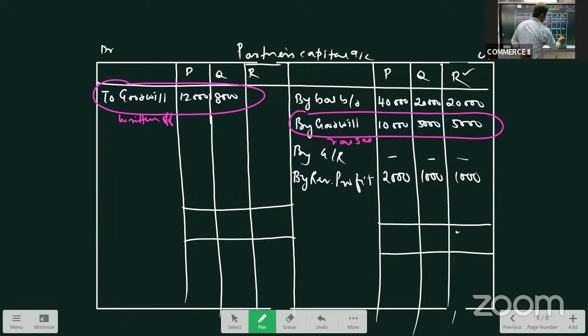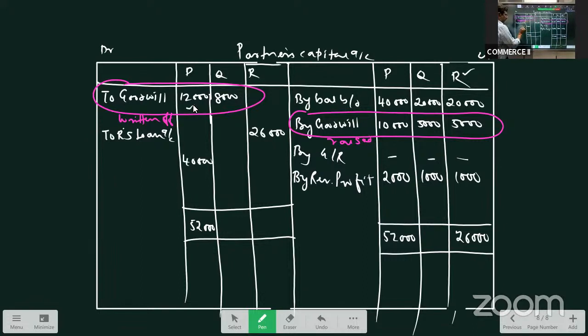So who is retiring? R. Let us close his account first. 26,000. Okay, so this will be transferred to R's loan account. R's loan account is 26,000. Then P's account, 52,000 minus 12,000, 40,000.